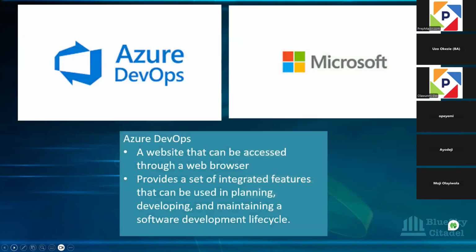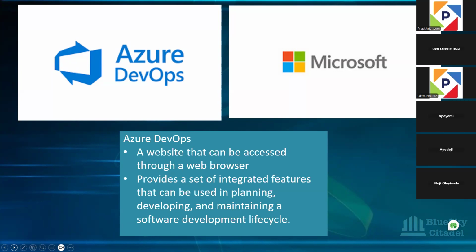Okay, so the one we'll specifically be using during the internship is the Azure DevOps project board. Azure DevOps is a website that can be accessed through a web browser, which provides a set of integrated features that can be used in planning, developing, and maintaining the software development lifecycle.